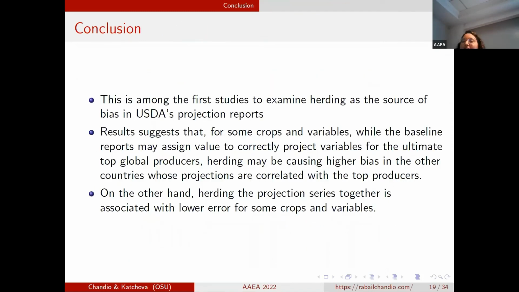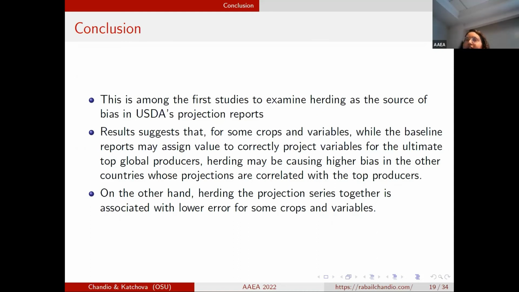Just concluding, we see that some crop variables are very much correlated with higher errors when they are unnecessarily following, or herding together with, the US. For a couple, that's not the case, and that is because those variables have very large variations to begin with. My main conclusion is that this is among the first studies that tries to go at the source of these errors in the international projections, or the baseline projections.